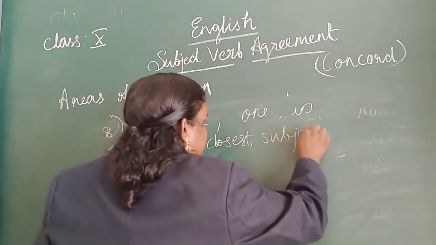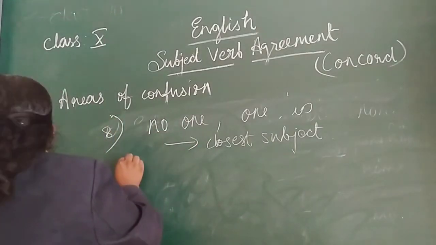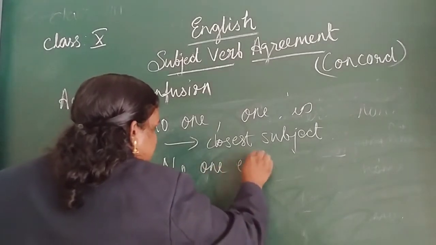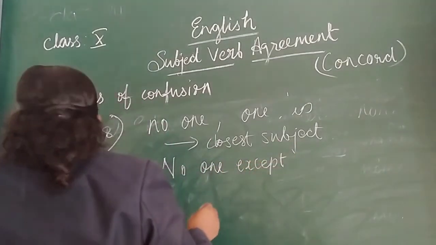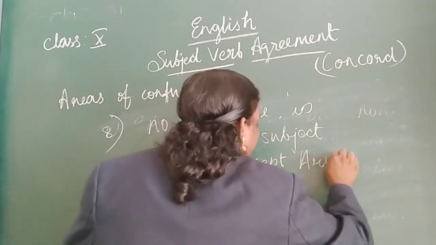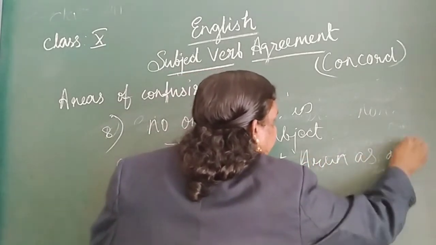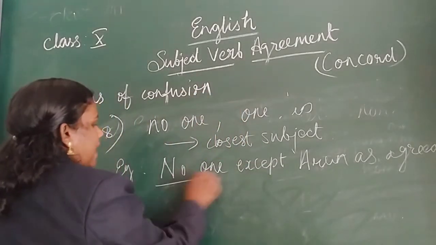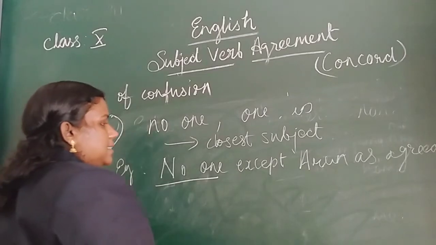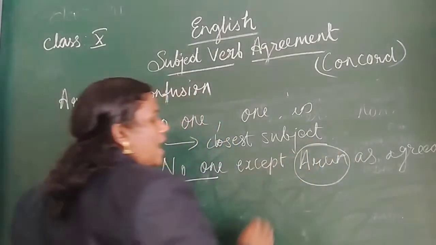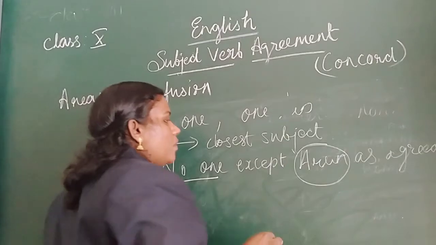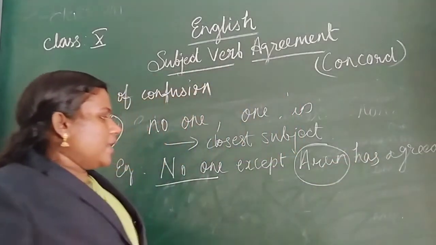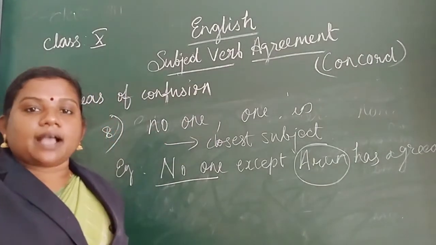One example I am writing here, students. Example: no one except Arun has agreed with me. Here the sentence starts with no one. And what is the verb here? Arun is a singular form, so we will use has agreed, not have. No one except Arun has agreed.